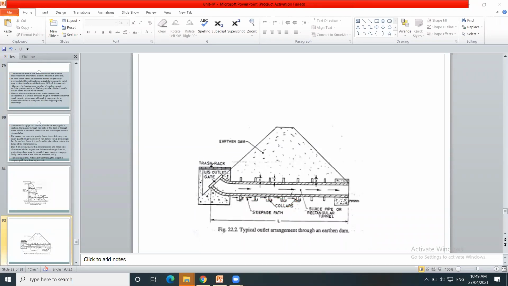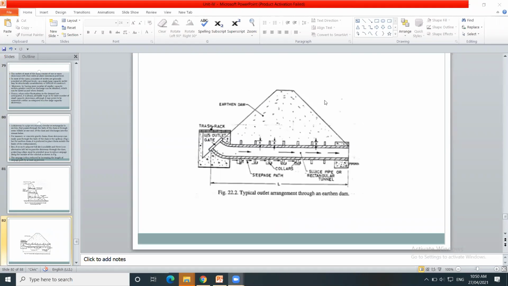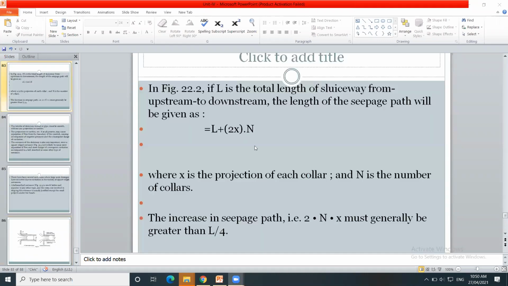So the length of the seepage path will be calculated by this equation: L is the total length of sluiceway plus 2 into x, where x is the projection of each collar, into the number of collars.